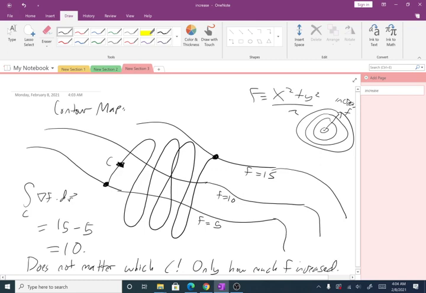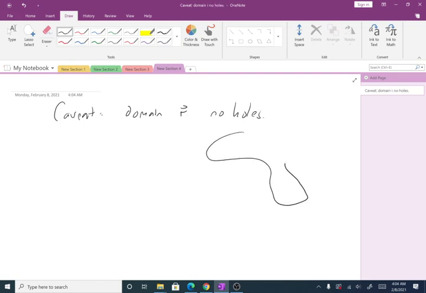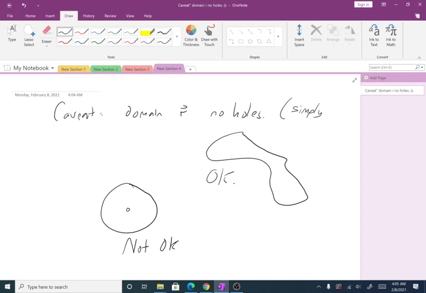Okay? And there's one caveat to this. The domain of R should have no holes. So for example, this is okay, but this is not okay. And what this means, in mathematical jargon, is that the domain is simply connected.